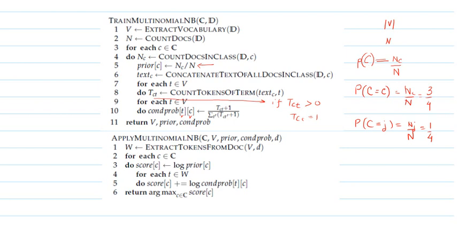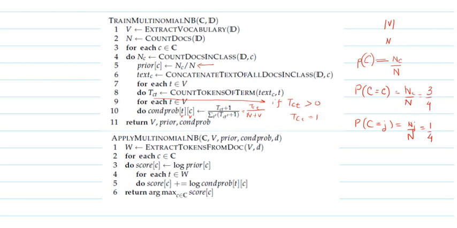So that is the total plus V, and this is T of CT. So in this way we can calculate the conditional probabilities, right?